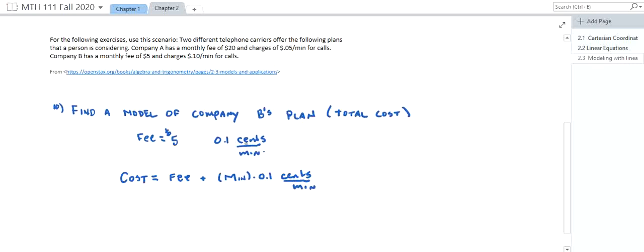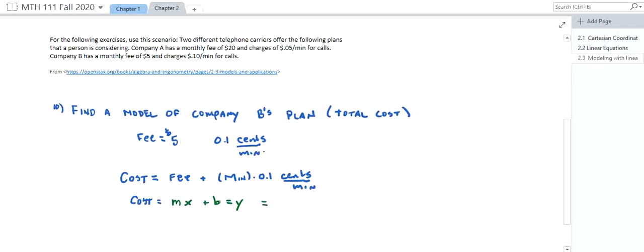Well, this 10 cents a minute, cents per minute, that looks like a rise over a run. This looks like a slope. So really, if we're going to model this linearly, we have cost equals, so cost is y here, so cost equals mx plus b.